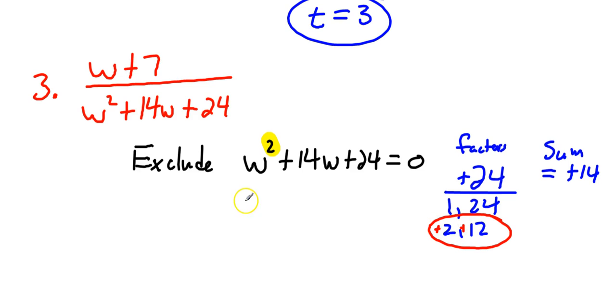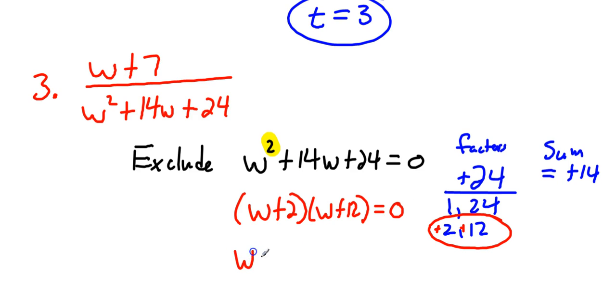So when we find our excluded values, it's w plus 2, w plus 12, equal to 0, and if it's equal to 0, just got to change the signs. So w equal to negative 2, and w would equal negative 12.